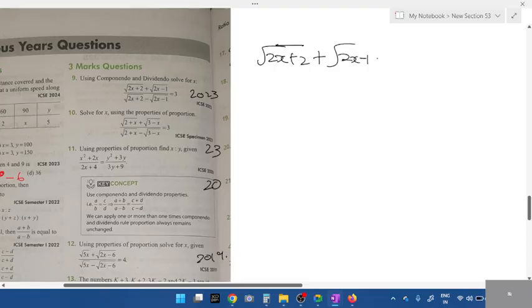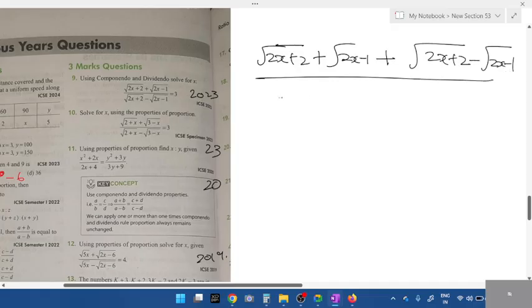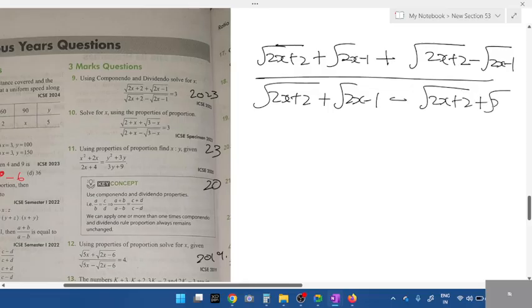This is the numerator value, students, plus the denominator value. 2x plus 2 minus square root of 2x minus 1 divided by square root of 2x plus 2 plus square root of 2x minus 1, then minus 2x plus 2, minus into minus is plus, you get plus here, 2x minus 1.